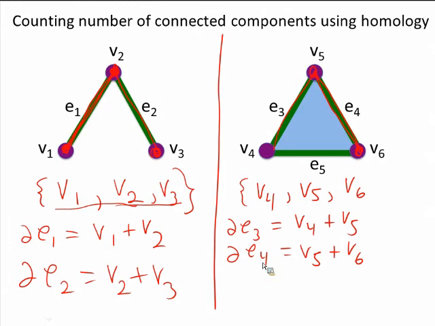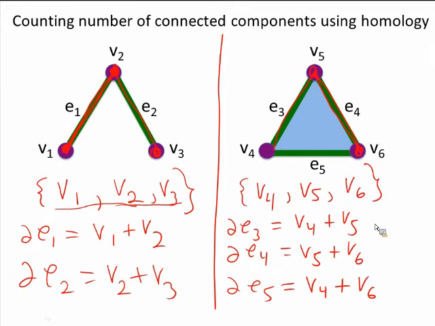Look at E3, E4, and E5. Just look at all the edges and just make sure that all my vertices are in the same component if there is an edge connecting them. And so that is one simple algorithm that will determine our number of components.